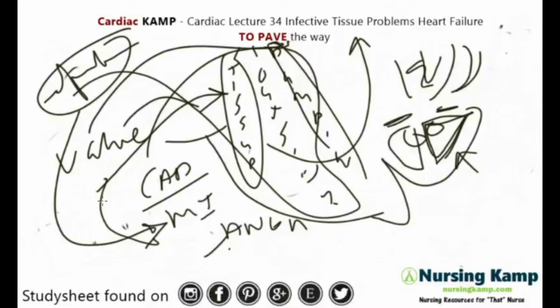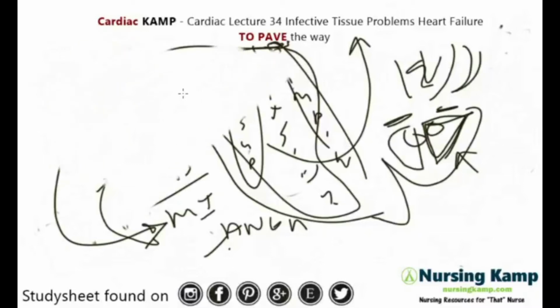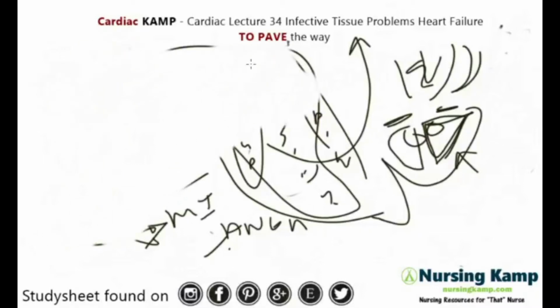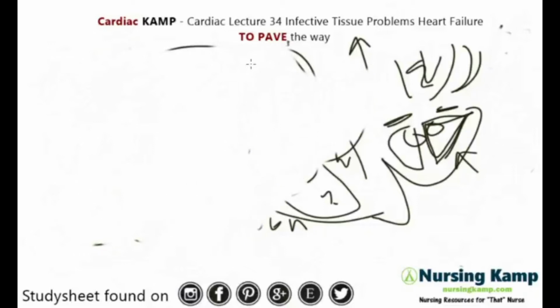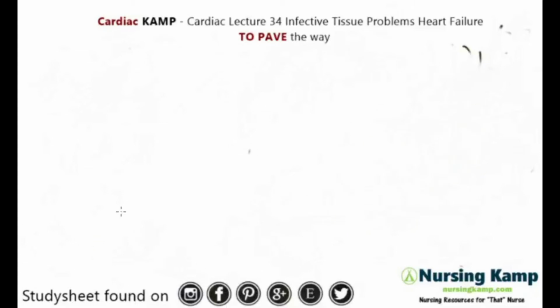And we're talking about infective tissue problems per se. The biggest thing about this is that the tissue damage is on the actual heart. It's based on the location, whether it's the endocardium, the myocardium, or the pericardium. All conditions will have an inflammatory process that results in unique emboli that present themselves throughout the body.